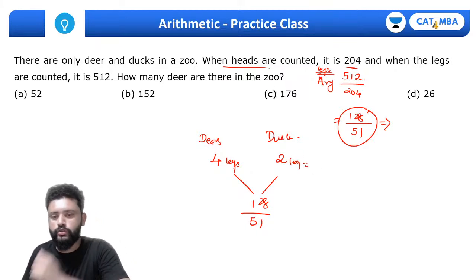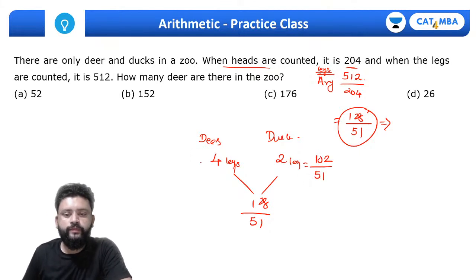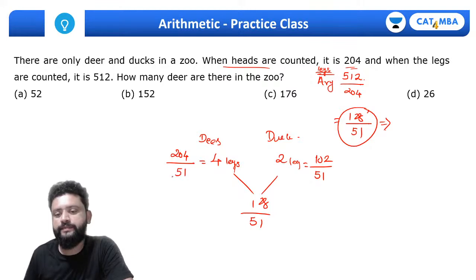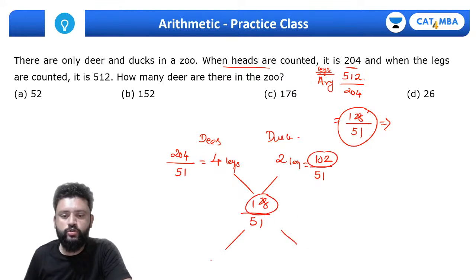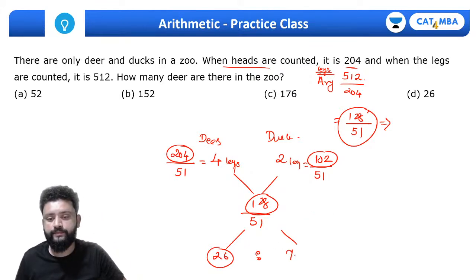So I can write 2 as, I have to multiply by 51, 102 divided by 51, which is 2, and I can write 4 as 204 divided by 51. And if we take the ratio 128, 102, that is 26, is to 204, and how much will 128 come to?